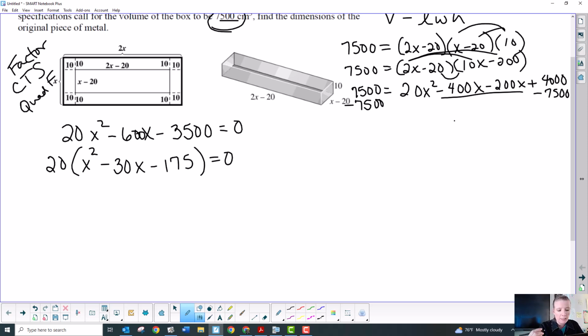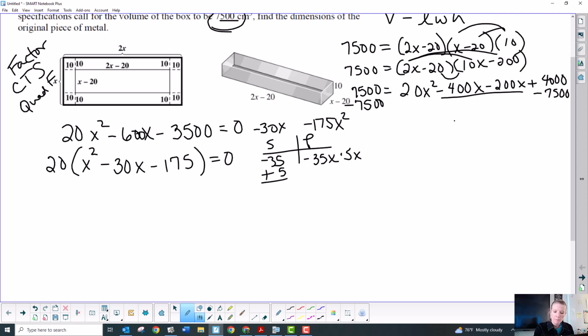I'm going to see what multiplies to give me negative 175. I'm going to do my little S&P. Negative 30, negative 175. So what multiplies to give me negative 175 and adds to give me negative 30? You may not know it, but negative 35 times 5 is negative 175, and negative 35 plus 5 is negative 30.